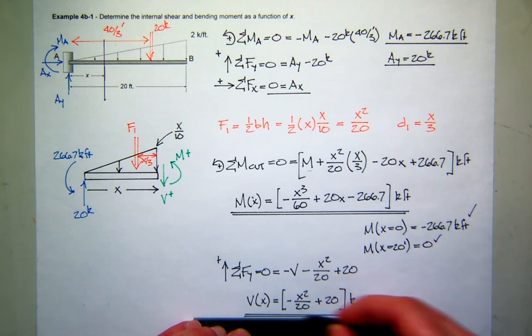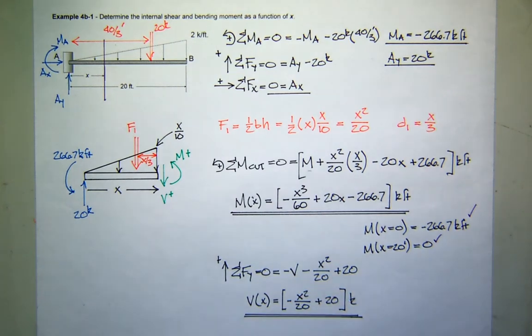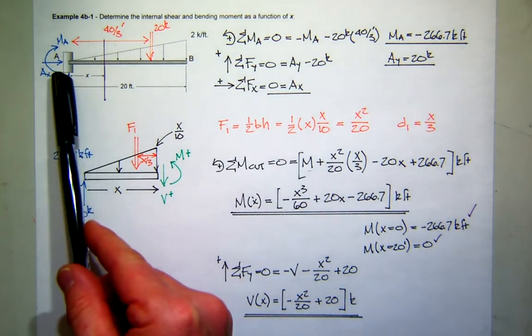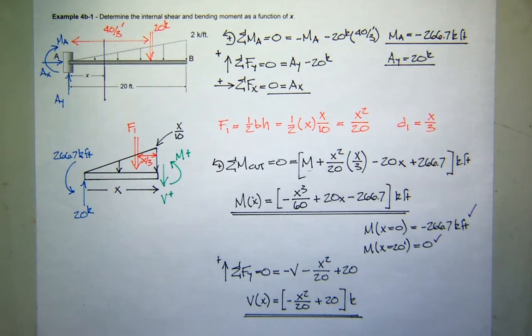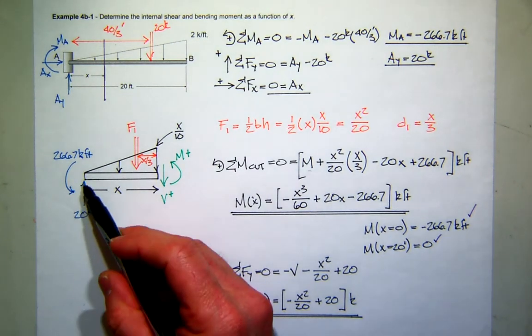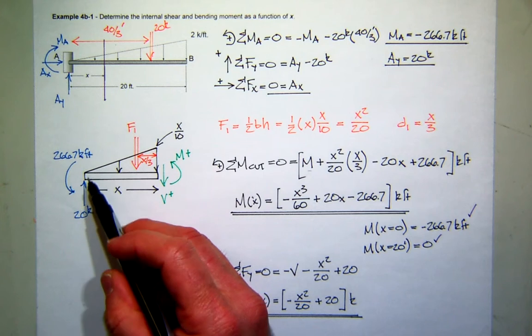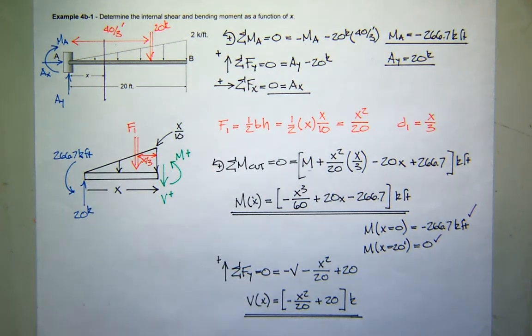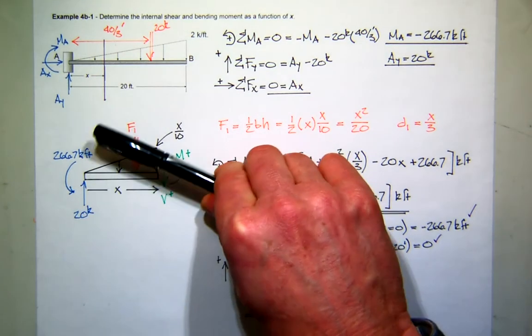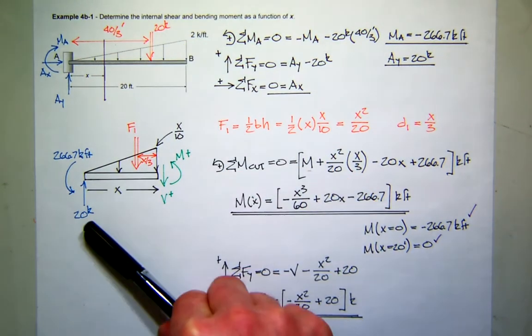Do I know that anywhere? What's the shear at A? Well, what kind of shear force is this? Positive or negative? Positive. Right? It's making the object want to rotate clockwise. This is positive shear.